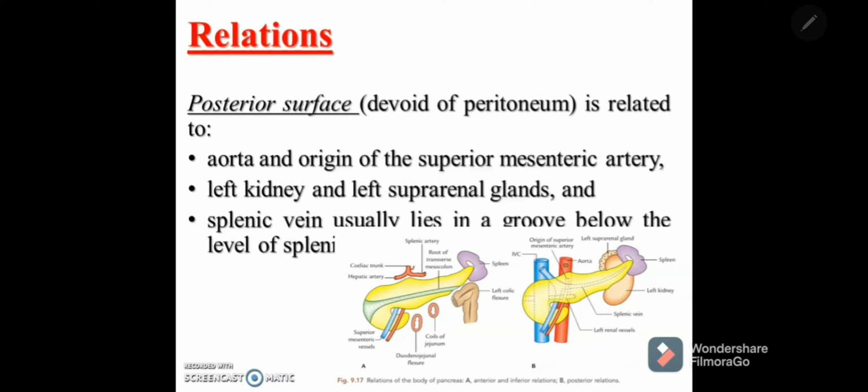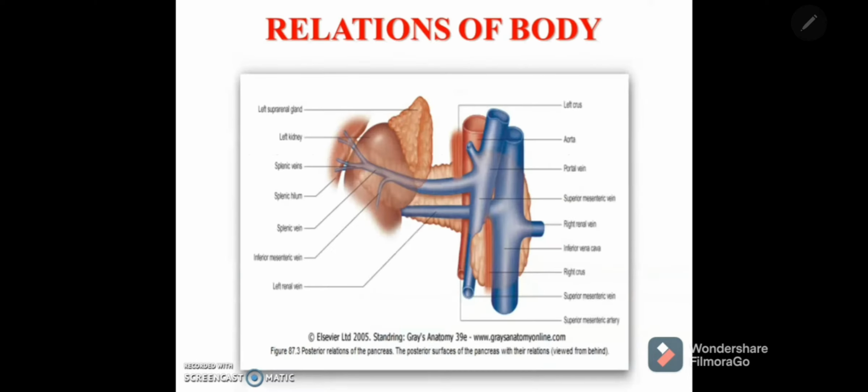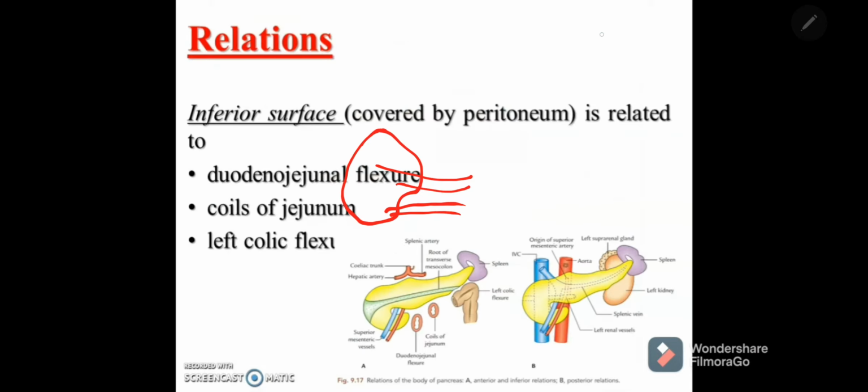Splenic vein lies on the posterior surface of the pancreas, where the splenic artery runs along the superior border to the left of the tuber omentale. You can notice here the left renal vein, splenic vein, left kidney, and all these suprarenal veins are related there to the posterior surface.